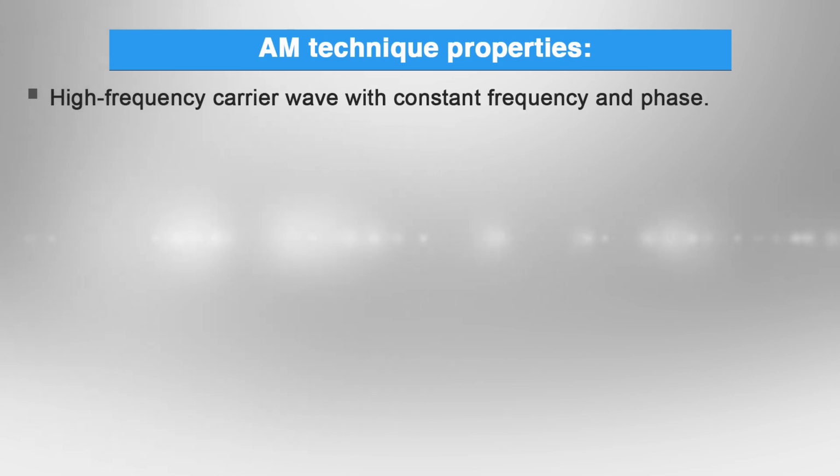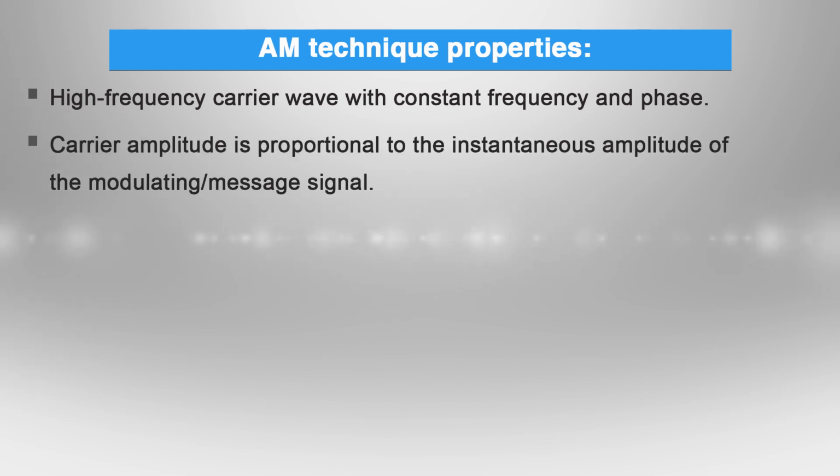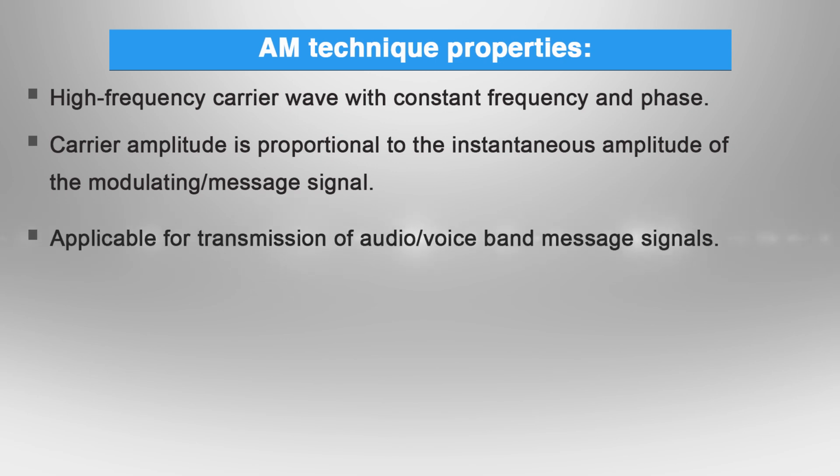Some AM properties are: high frequency carrier wave with constant frequency and phase. Carrier amplitude is proportional to the instantaneous amplitude of the modulating message signal. Applicable for transmission of audio or voice band message signal.